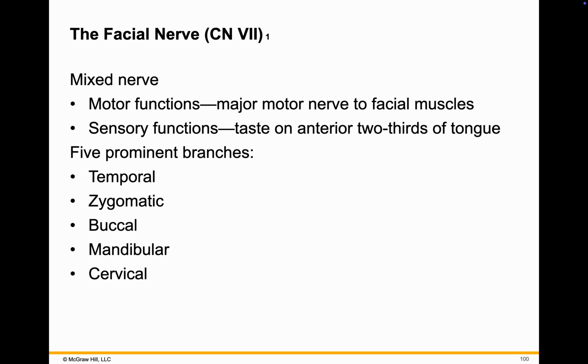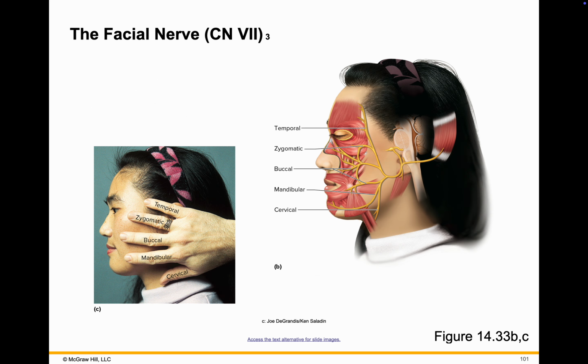The facial nerve is a mixed nerve. It has motor functions for facial muscles and sensory functions for taste of the anterior 2/3 of the tongue. It has 5 branches: the temporal, zygomatic, buccal, mandibular, and cervical.